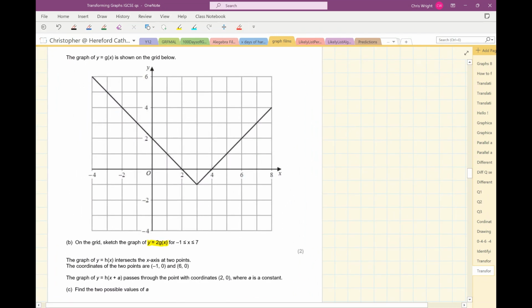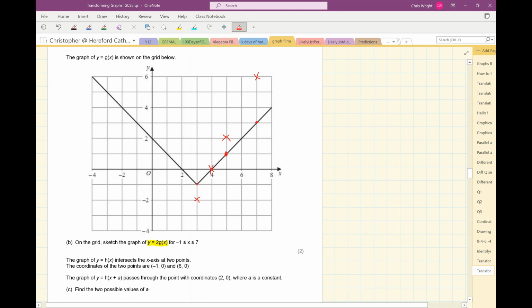Right, the y-coordinate of this point is 1, so it'll double and become 2. The y-coordinate of this point is 3, so it'll double and become 6. The y-coordinate of this point is 0, so it'll double and remain at 0. The y-coordinate at this point will become minus 2.